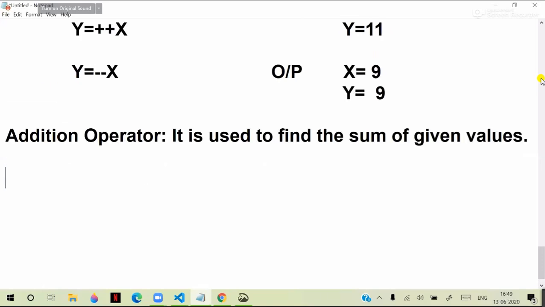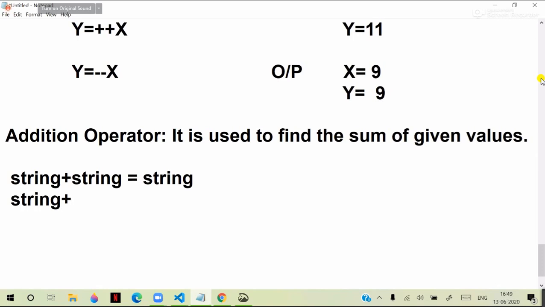Some consequences will be there, like string plus string. That means we are dealing with string plus string, and it returns a string. If I say string plus number, it also returns a string.